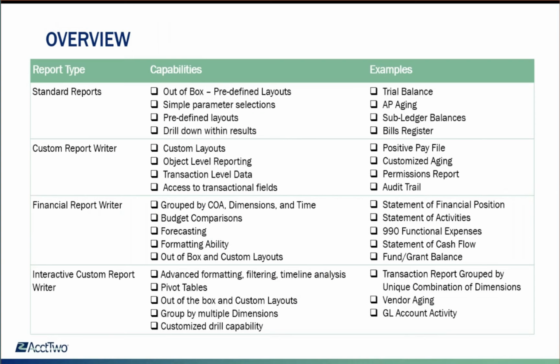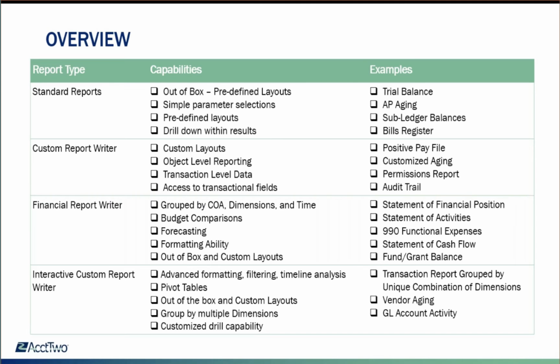The financial report writer. This is where you would go if you want statements. So unlike the custom report writer and the interactive custom report writer, the financial report writer is not transactional data. It is in great detail, but it's not transactional.